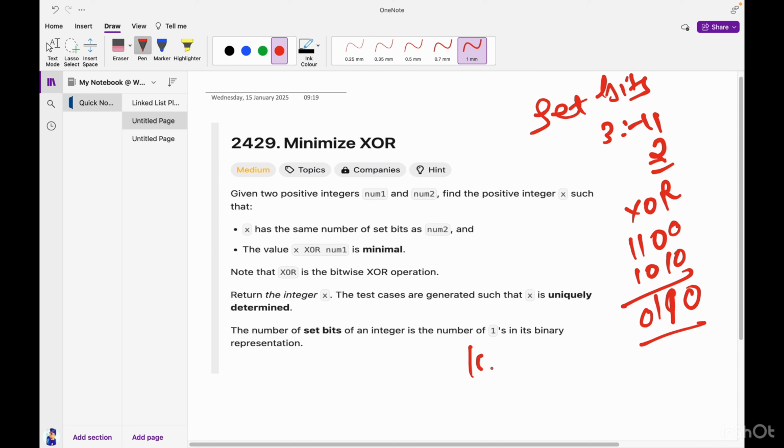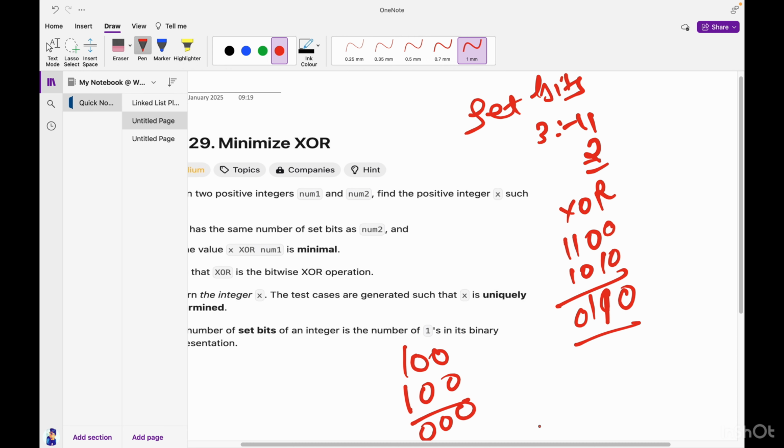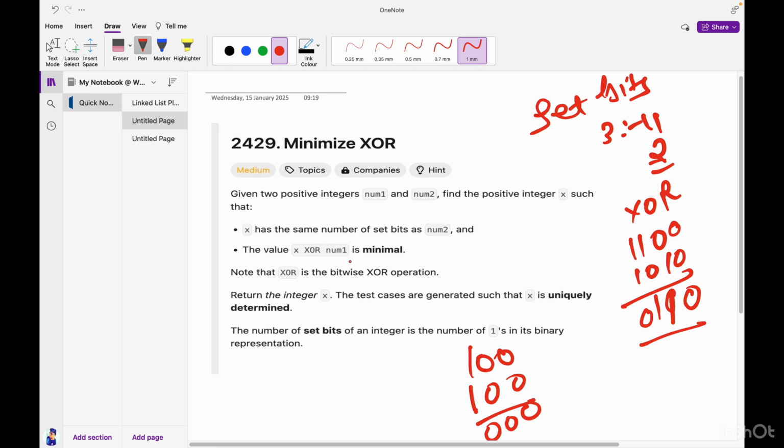Like if we have to find a number whose XOR with this number will give 0, then for 1 we can only take 1, for 0 take 0, for 0 take 0. So when we XOR these two numbers, we get 0 0 0, which is the lowest answer. We cannot get negative in this form. Okay.